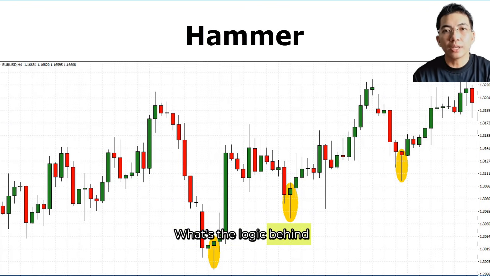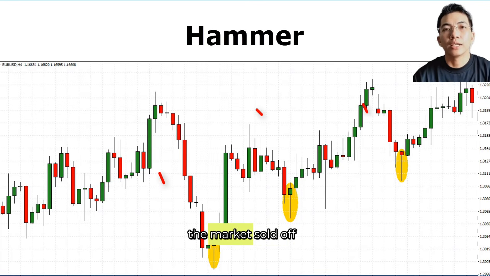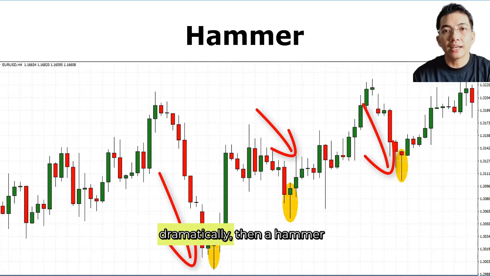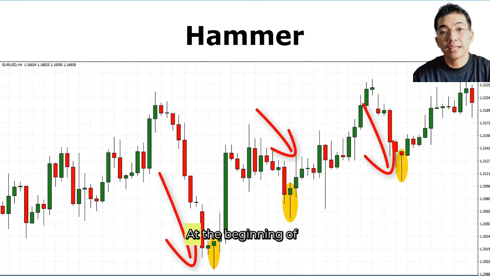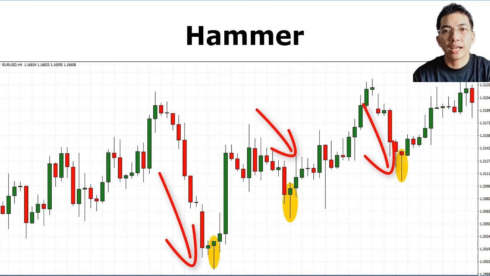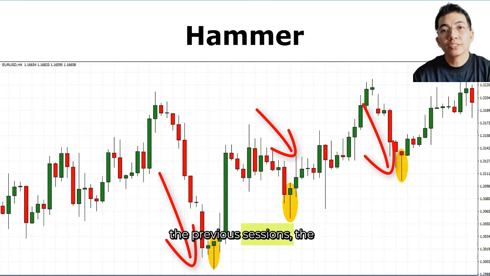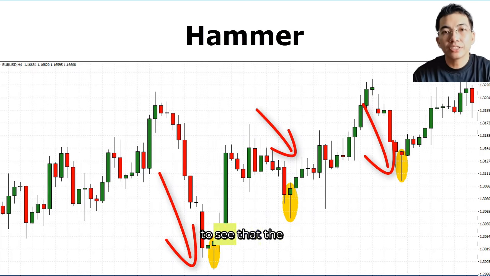What's the logic behind this pattern? In the previous sessions, the market sold off dramatically, then a hammer appears. Think about what we have said about the hammer. At the beginning of the session, the sellers are in control. So nothing new, because we have seen that in the previous sessions the price was going down, so everyone is expecting the price to continue to go down.